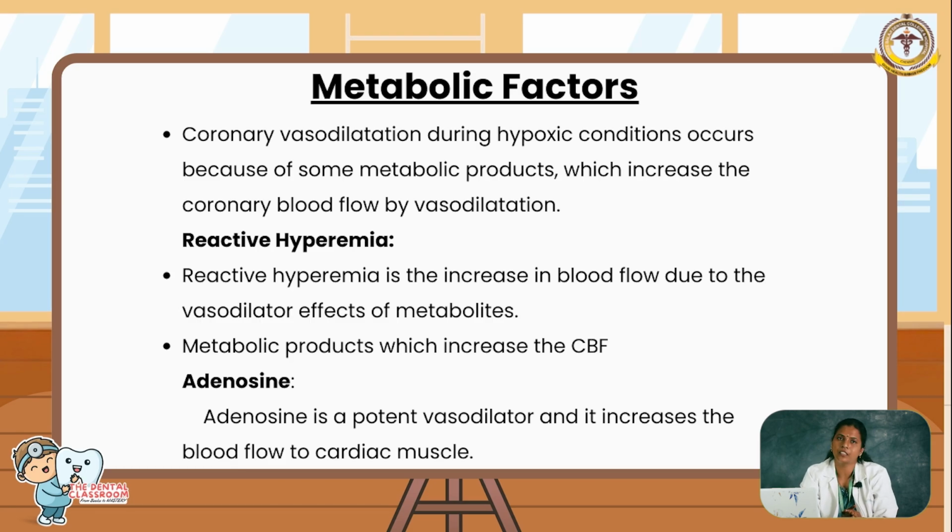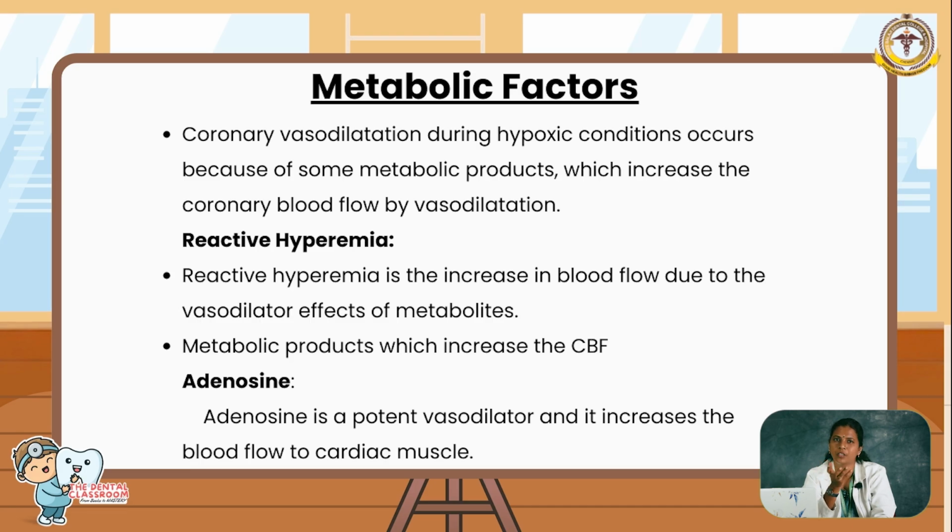For example, during hypoxia, when the myocardium starts to contract and is in the working state, there is accumulation of lactic acid. This lactic acid will inhibit the calcium binding of the myocardium and the myocardial contractility gets affected. So this leads to the release of ATP, which gets converted to ADP.